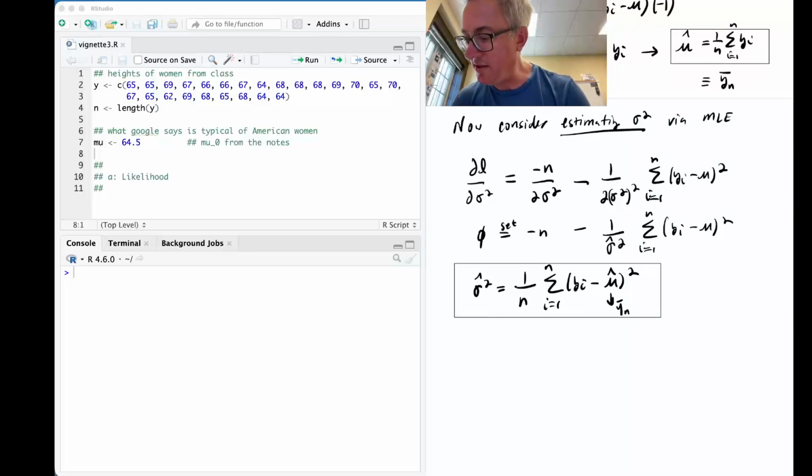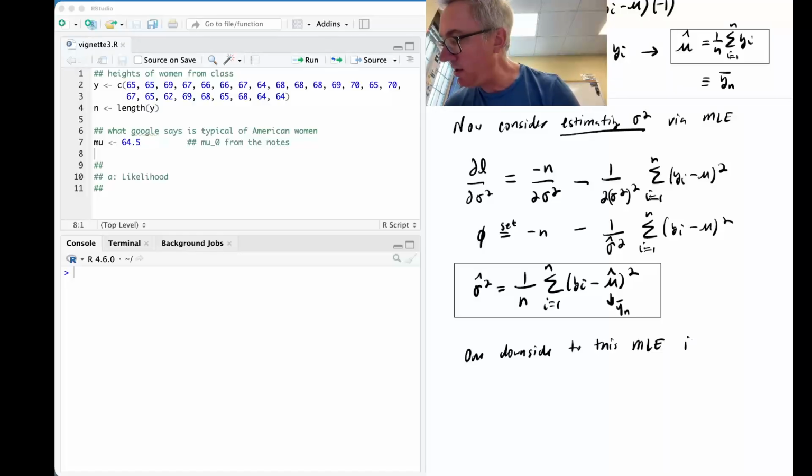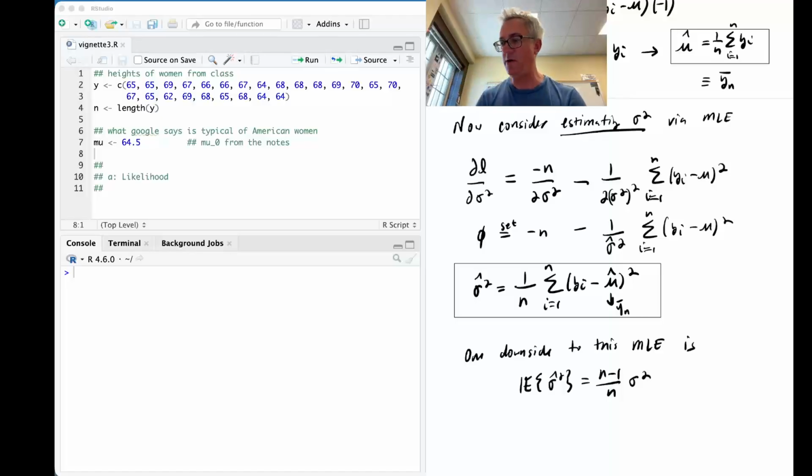One downside to this MLE for sigma squared is that the expected value of sigma hat squared is equal to n minus 1 over n times sigma squared.